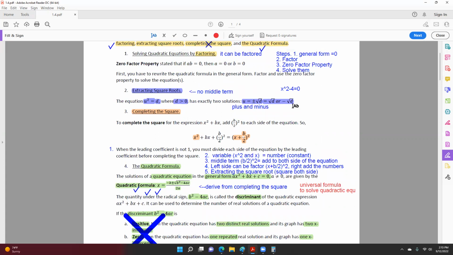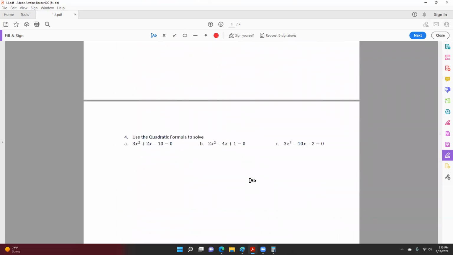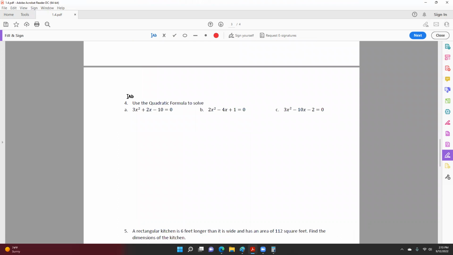You can still use this formula as long as you put the equation in general form. Okay. So I want you guys to go ahead and try question 4A using the quadratic formula.